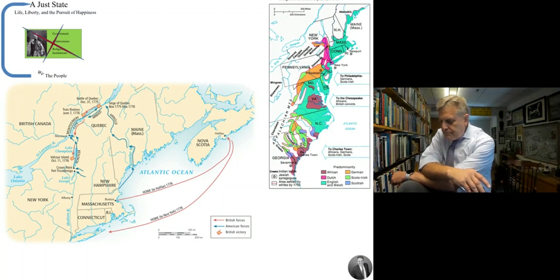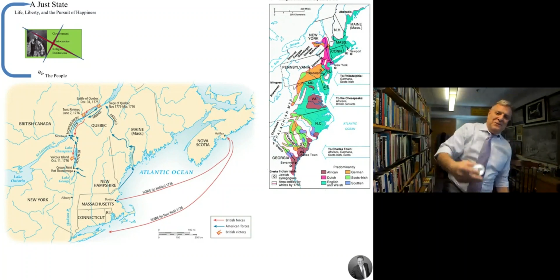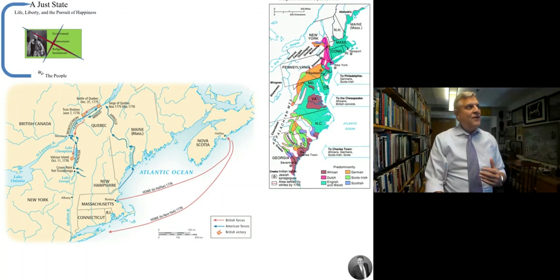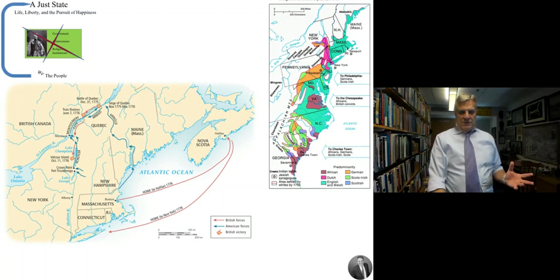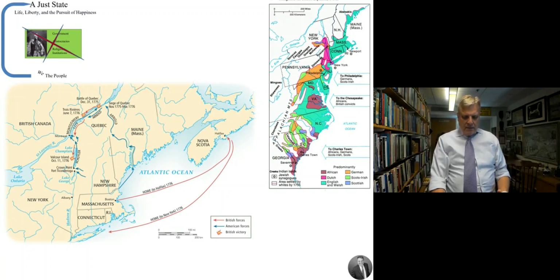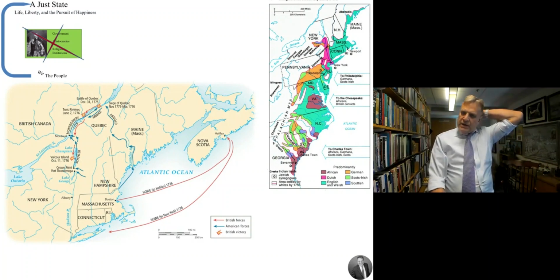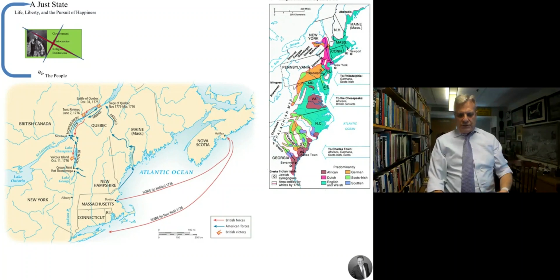I need you to try and imagine how unpopulated much of the region was. And imagine yourself in New England, overwhelmingly Protestant, unhappy with the way that the French and Indian War had been decided, unhappy with the increase in taxes, and the British are trying to enforce their taxes.